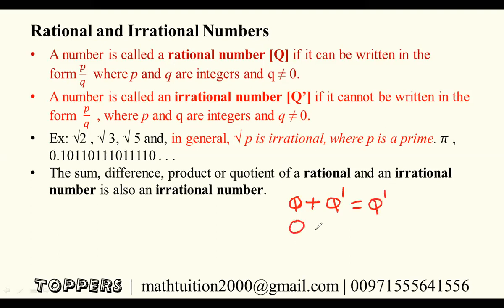Similarly, if you subtract a rational number and an irrational number, the result will be an irrational number. If you multiply a rational number by an irrational number, the result will be an irrational number. Similarly, a rational number divided by an irrational number gives an irrational number.